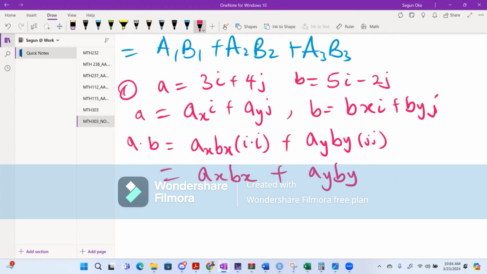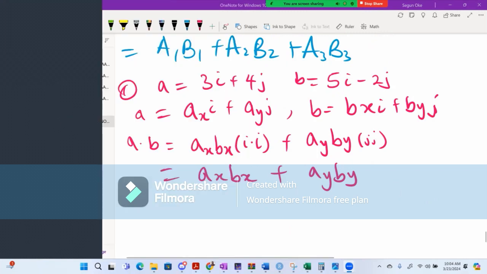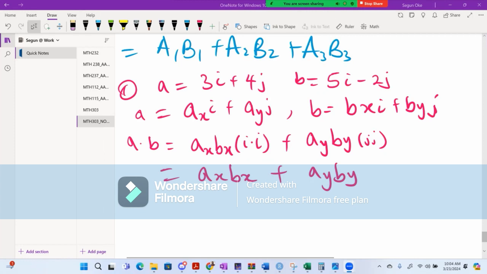Then we can now relate it to what we are doing in this case. It's very simple. What is Ax, which is our 3? What is Bx, which is our 5?